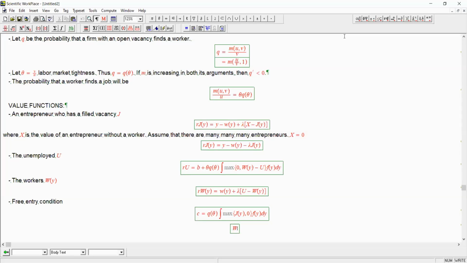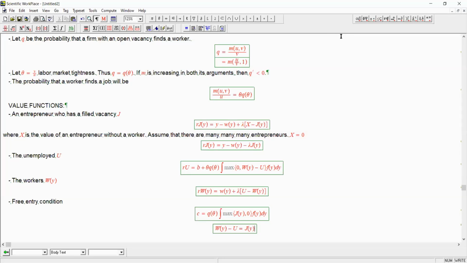Well, it's going to be what they get from being in the firm minus what they could have gotten without the firm. What is it that the firm gets? Well, same thing. They get the value of what they would get if they were together with the worker minus what they would have had otherwise, but that's just 0. The way I've written it, this surplus must be equal for both of them.